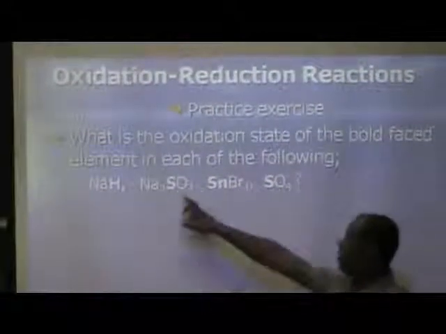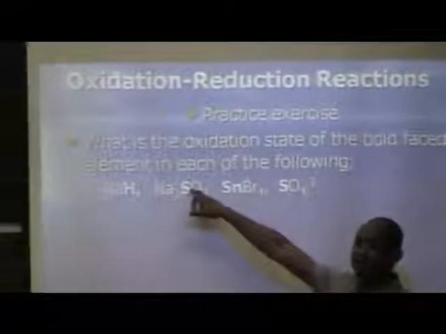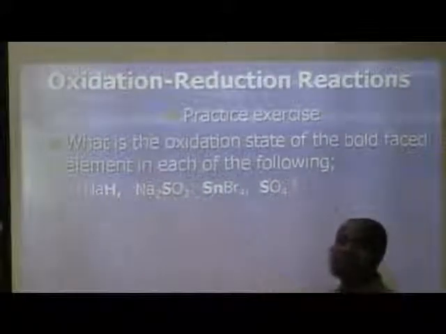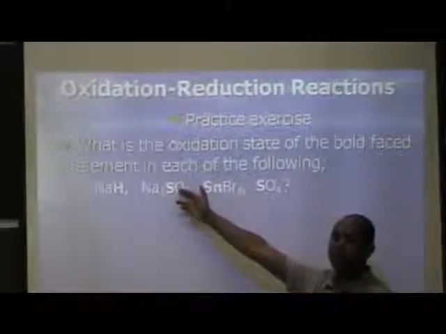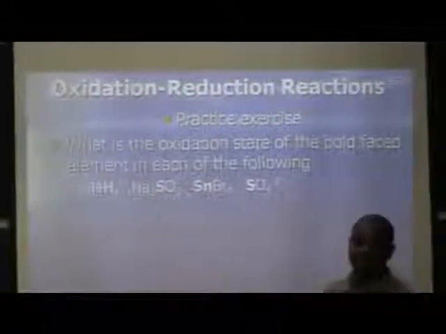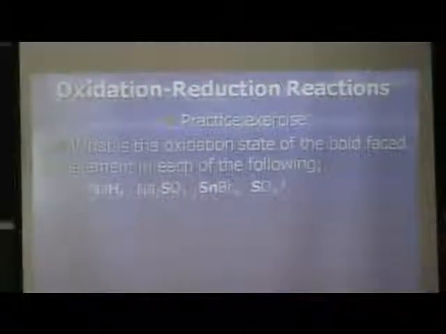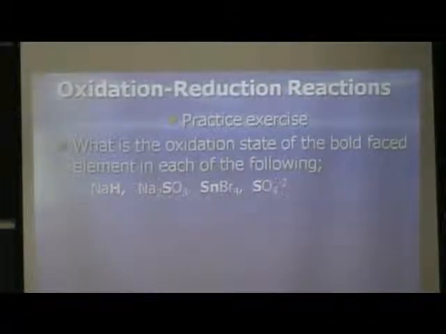How about this compound, the oxidation number of sulfur? What's the name of this compound? Sodium sulfide. Yes, sodium sulfide. So what's the oxidation number of sulfur? Plus 5. Okay. Anybody has a different answer?